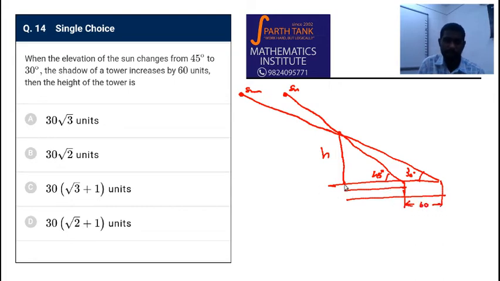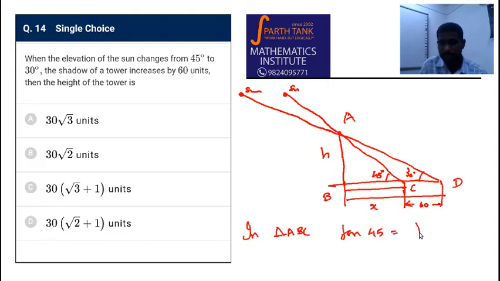Then the height of the tower is how much? Very simple heights and distances problem. Let us name the triangle ABC. In triangle ABC, tan 45 is, let us call this x, h by x, and tan 45 is 1, so 1 is h by x, which implies h is equal to x.